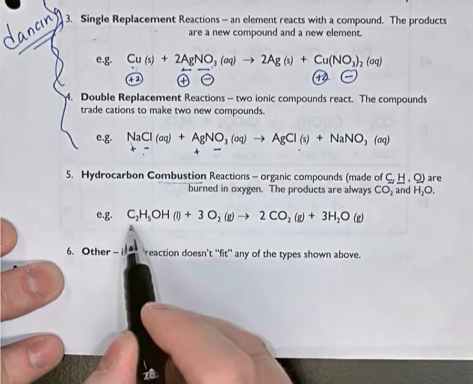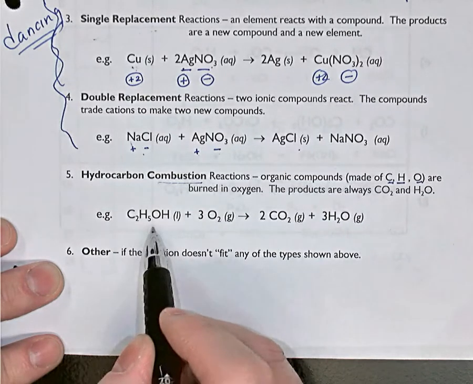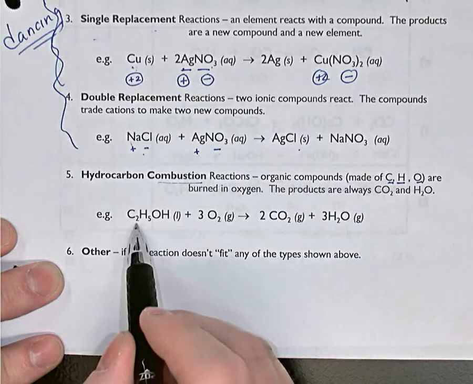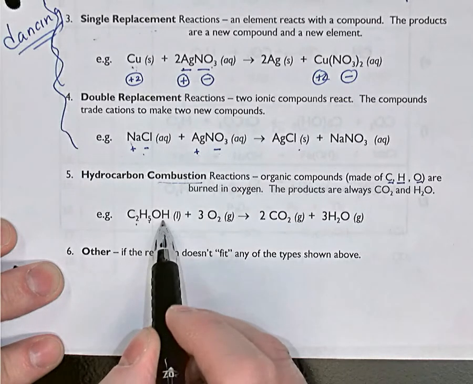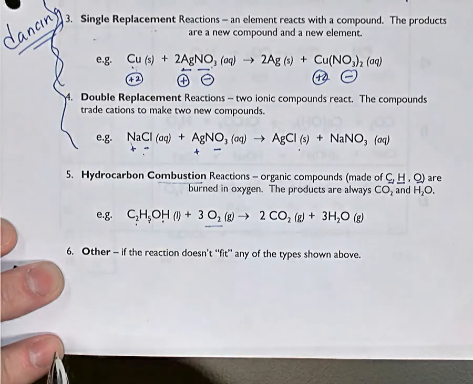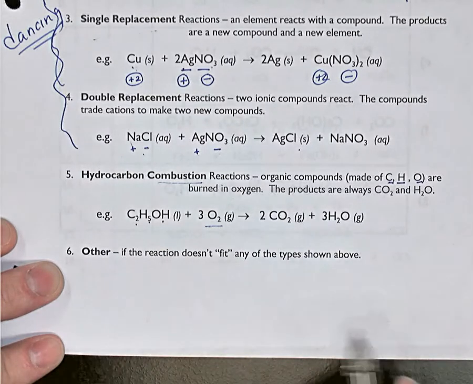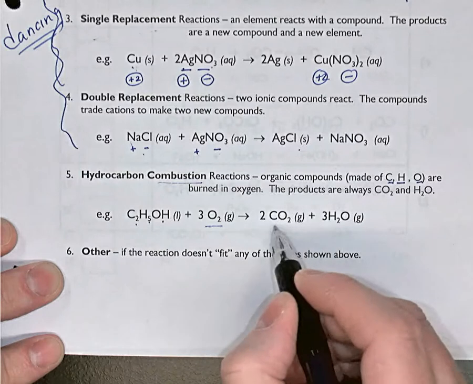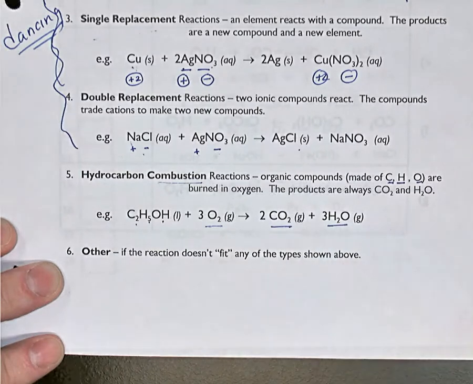So in this case, we have a compound called ethanol, an alcohol. It's got carbons, hydrogens, and oxygens, and we're burning it. We're adding oxygen to it, or oxidizing it. And as a result, you get two products that are the same in every one of these reactions.